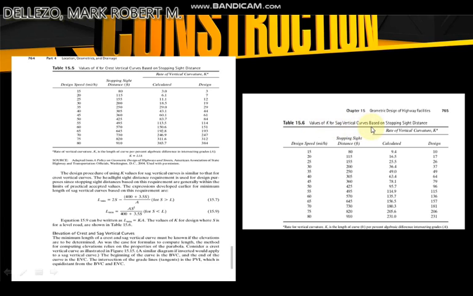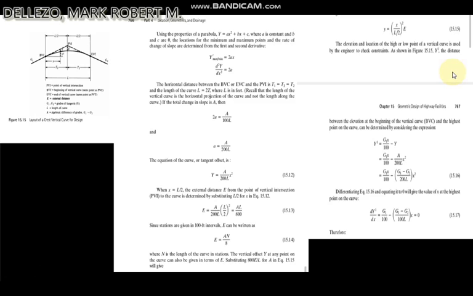So this is the same. So we go next. In this figure 15.15, a layout of crest vertical curves for design.